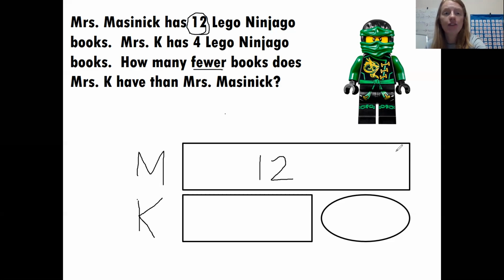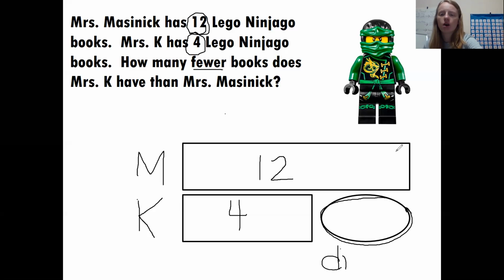Yes, I have 4 Lego Ninjago books. So I'm trying to figure out how many fewer books does Miss K have than Miss Masonic. So this oval right here, that's going to be our difference, or our more or fewer number.